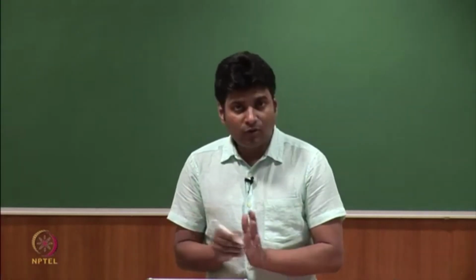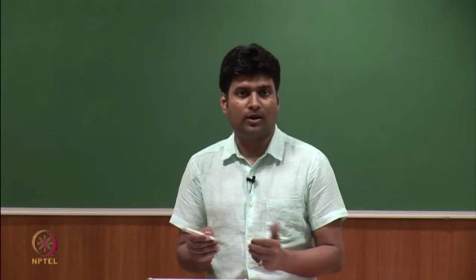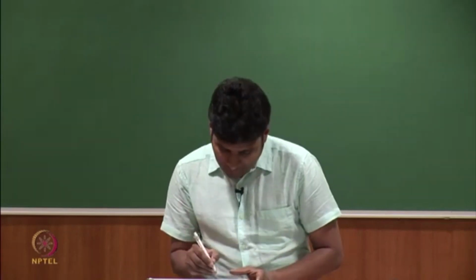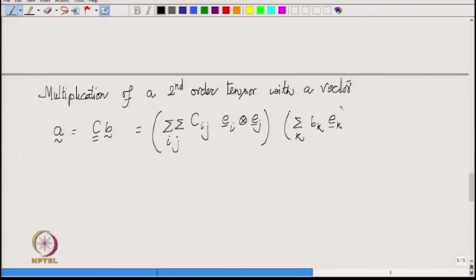So, I am going to write the full form of C and B and let us see how they multiply. So, the first one, C, has got double summation over i j of C_ij e_i tensor product e_j. The second one has got a single summation say over k of B_k e_k.